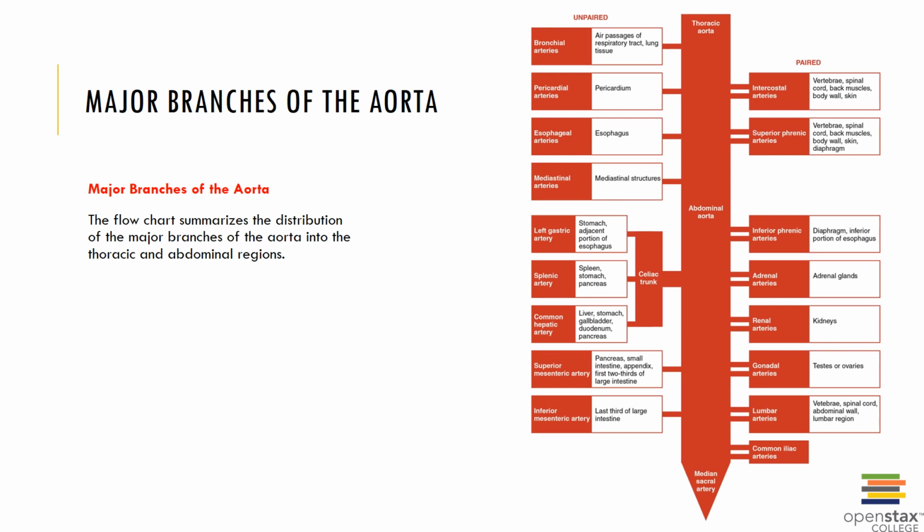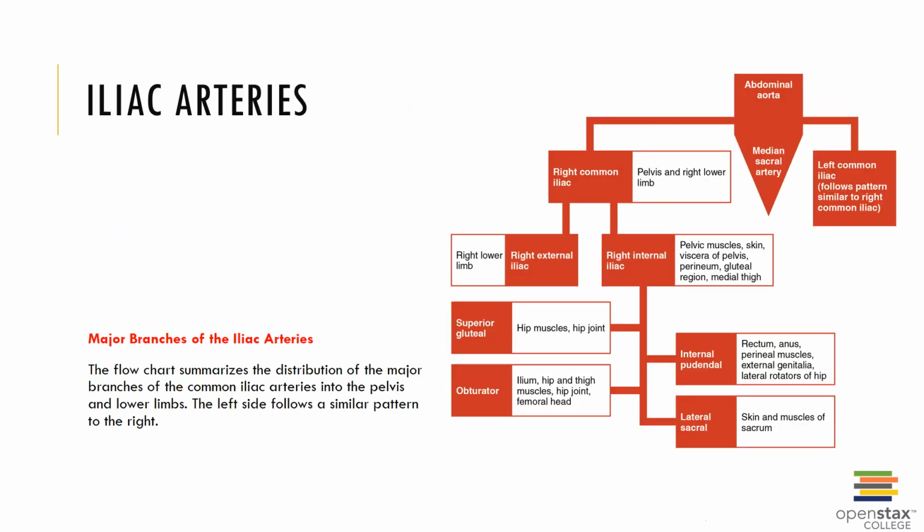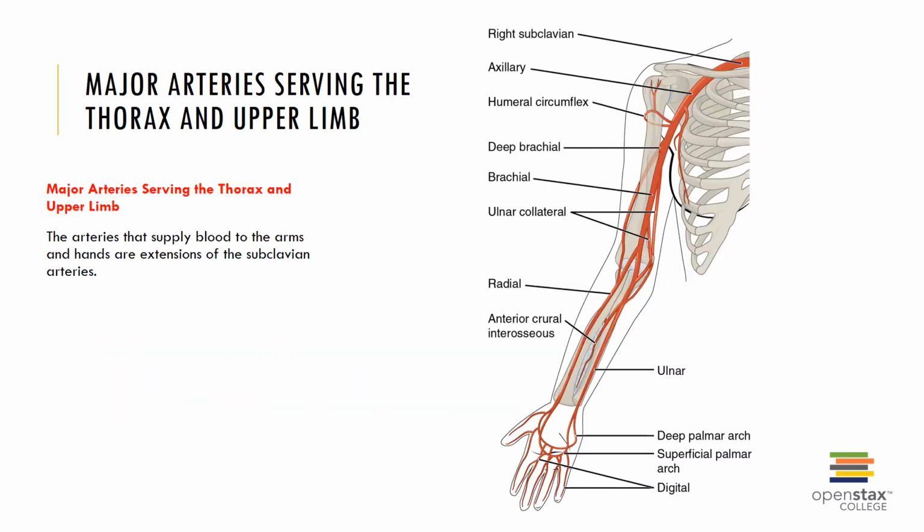Here you can see the major branches of the aorta, and this is in a flow chart example. The major branches of the iliac arteries are demonstrated here for you. The major arteries serving the thoracic and upper limb are noted on this slide.